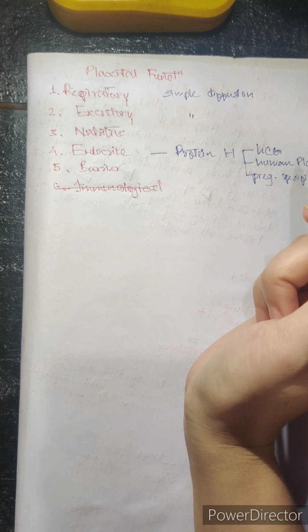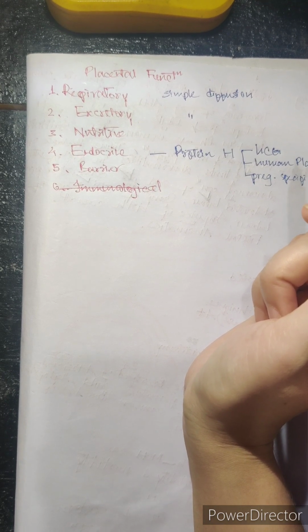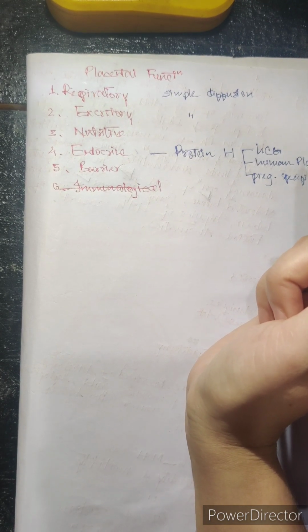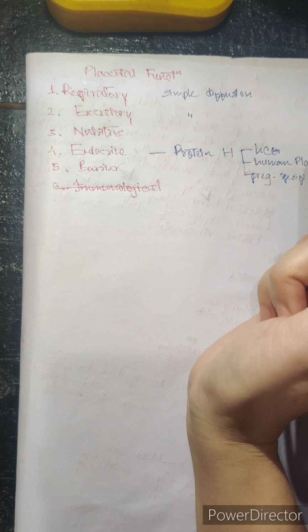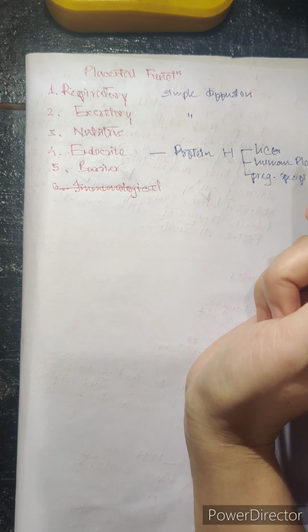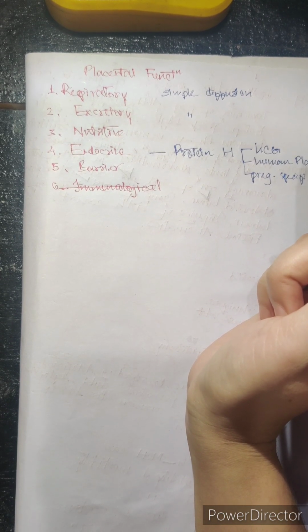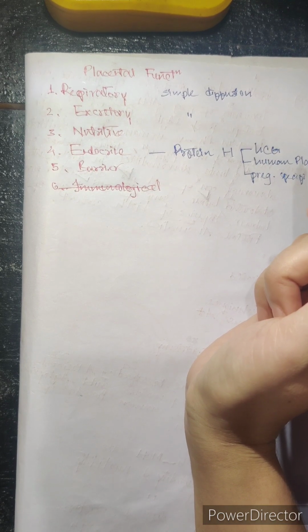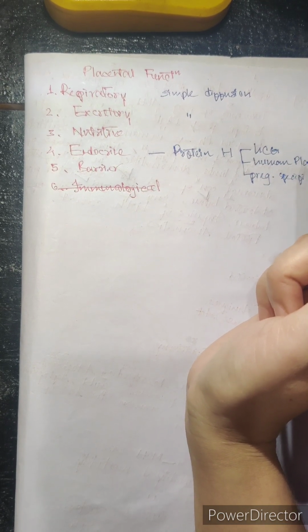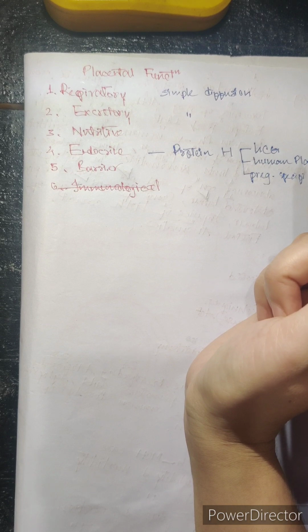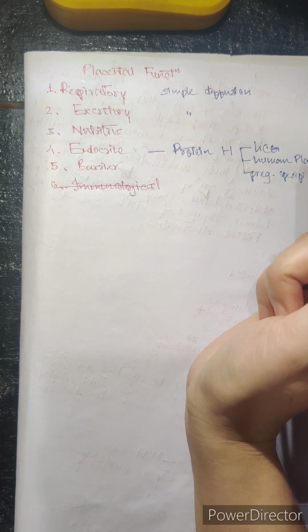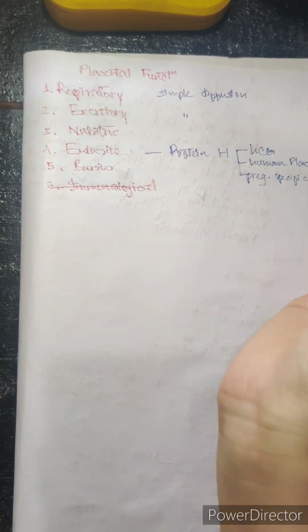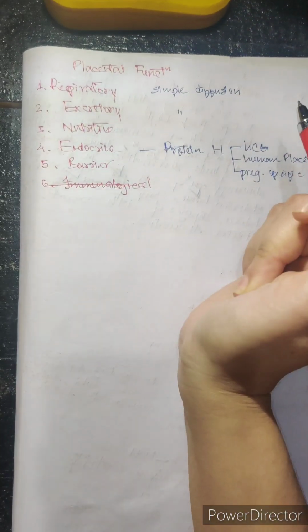Due to this, the exchange of gases, which is oxygen, and the excretion of carbon dioxide takes place with the help of your placenta. So this is your first function.